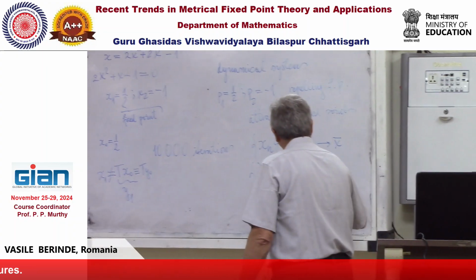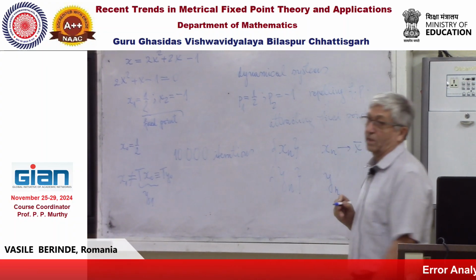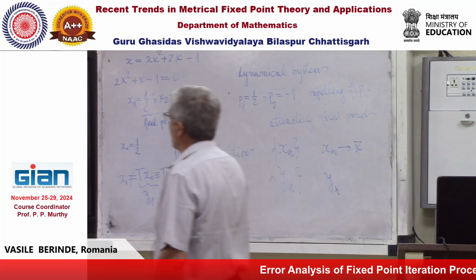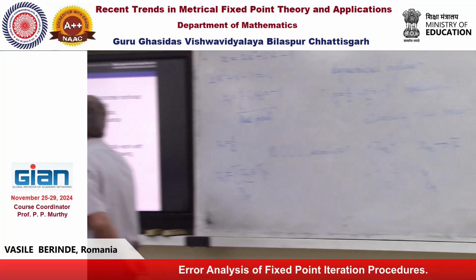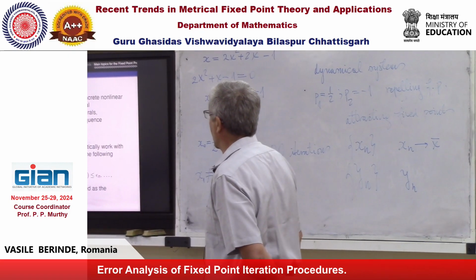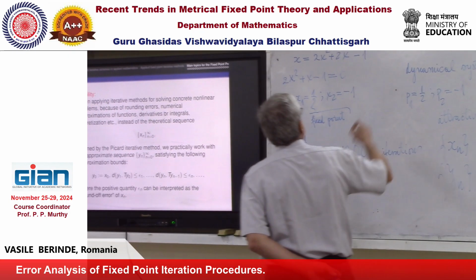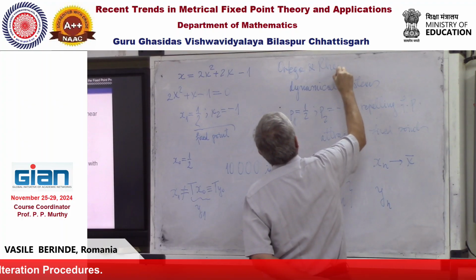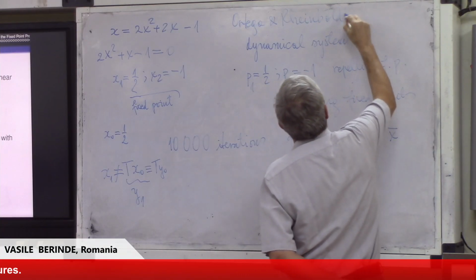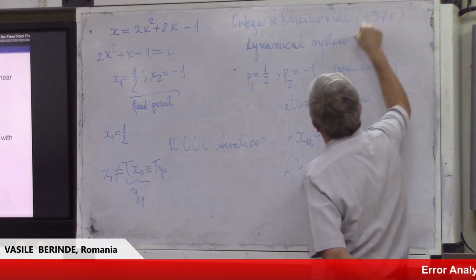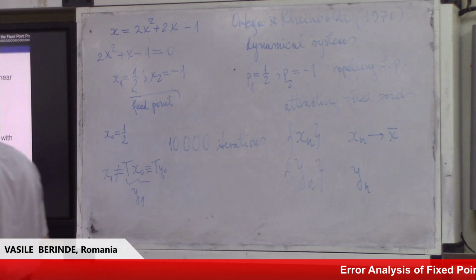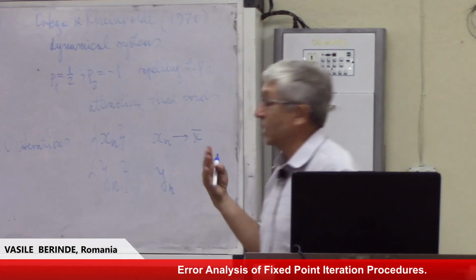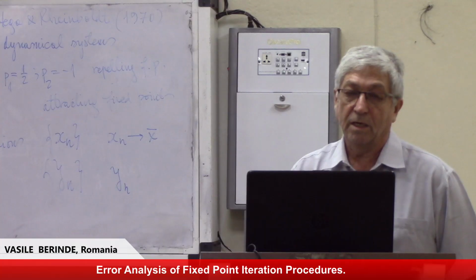Now the question is, what behavior has this new sequence, the approximate sequence? And of course, in concrete applications, we have some assumptions about this epsilon n, and in the book by Ortega and Rheinboldt, this important book from 1970, this sequence of errors is called round-off errors, from the fact we have this process of rounding at each step.